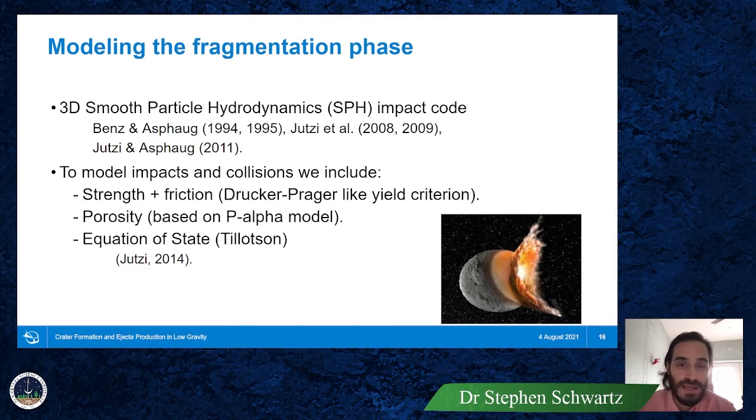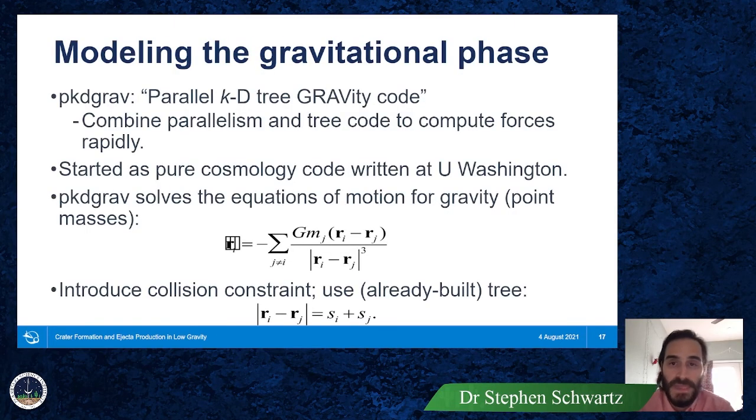Next slide. Using PKDGRAV, which is a parallel n-body tree code to model the gravity and the collisions.